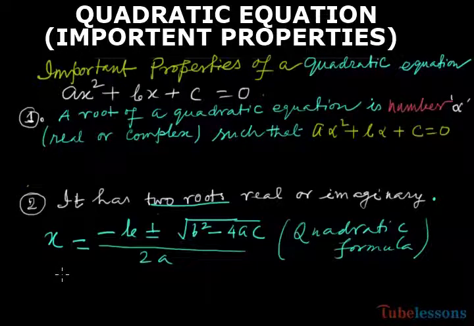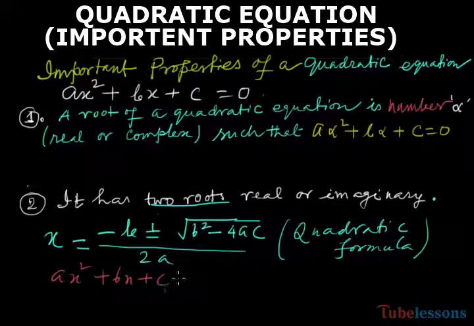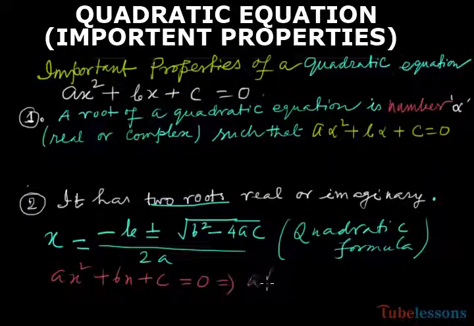Or we can solve the equation ax square plus bx plus c is equal to 0. If we factorize, we get two factors.